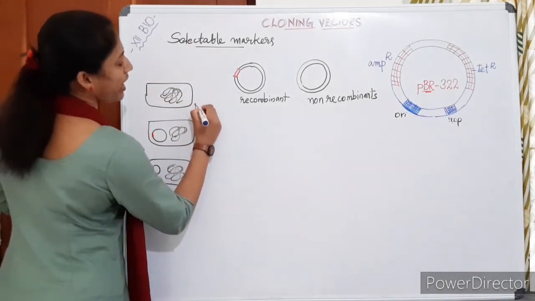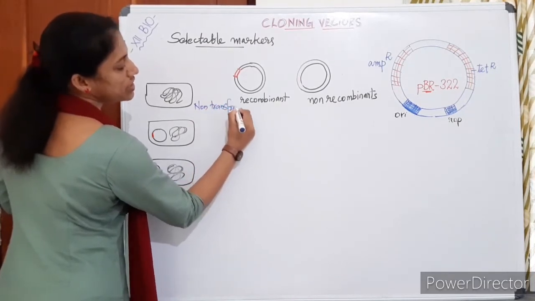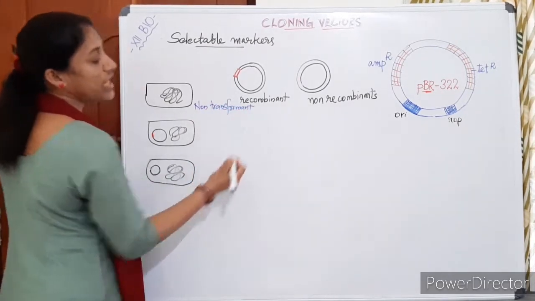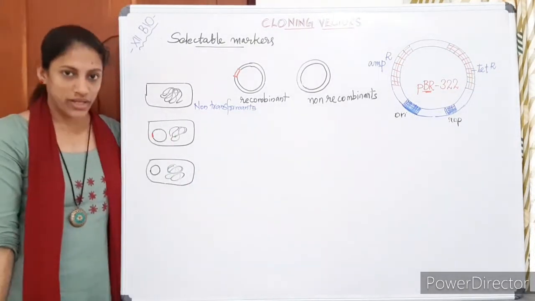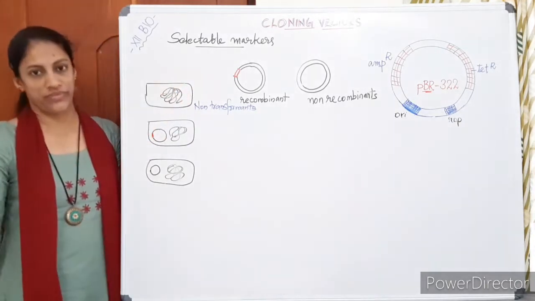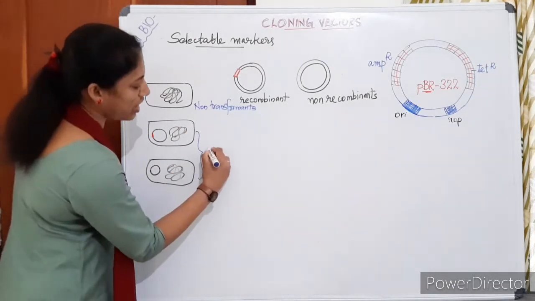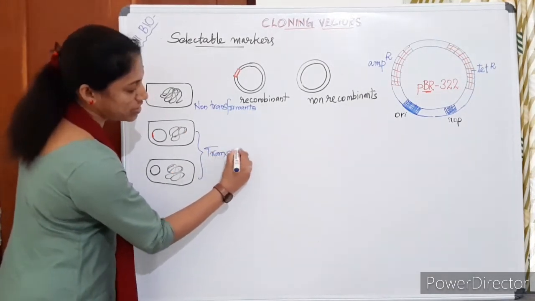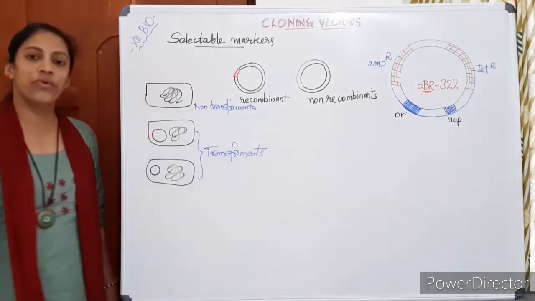We can call them non-transformants. That means they haven't undergone any change, not transformed at all. Whereas these two types of bacteria are transformed ones. Both have undergone change, so these are transformants.